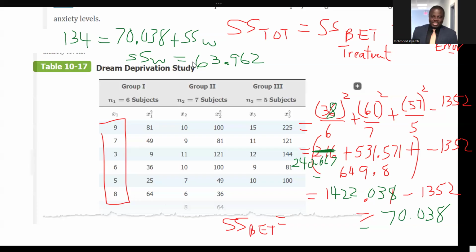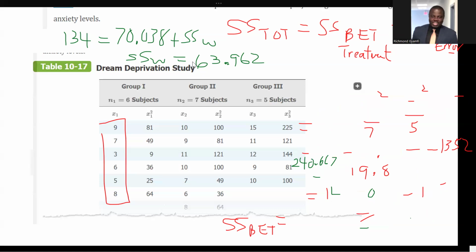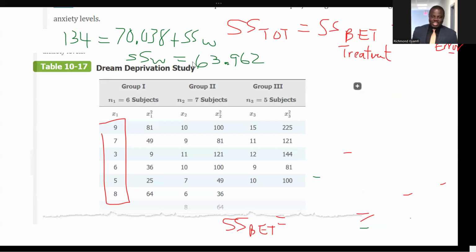I'm not going to go through that, I'm just going to show you the formula. And remember, you could find SSW, subtract from SS total to get SSBET.